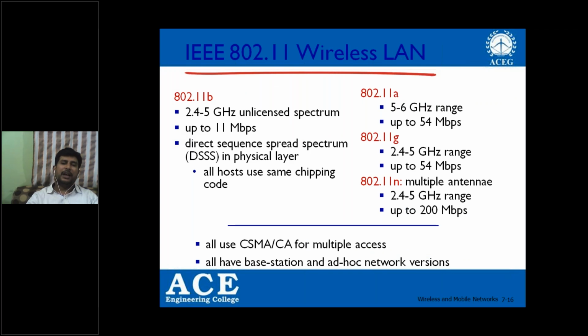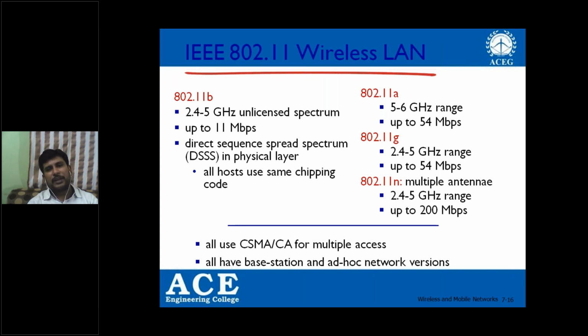Next, the last topic of this session in the unit is IEEE 802.11 wireless LAN, which in short is well known as Wi-Fi, wireless fidelity. What are the versions of wireless LANs? Let us look at it.